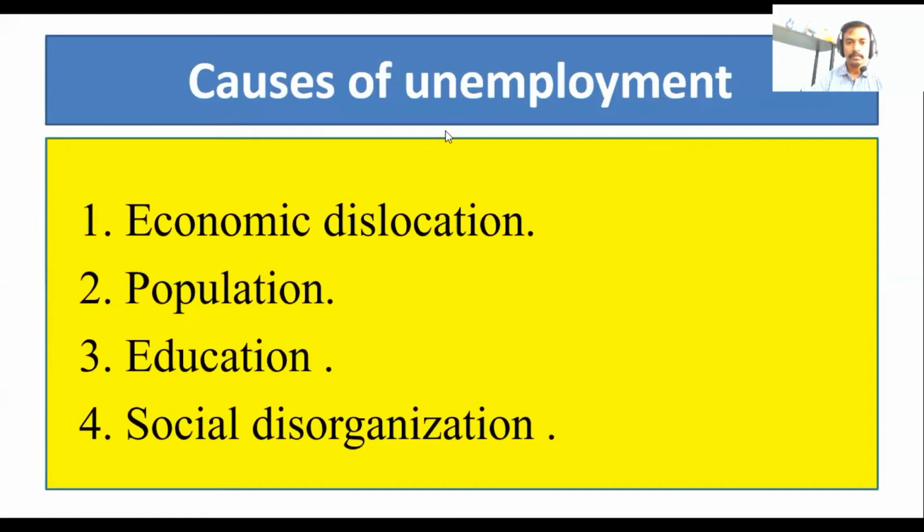Next, causes of unemployment. First cause, economic dislocation, which means economic activities are dislocated, abnormally or imbalancedly arranged. Then overpopulation: the government struggles to formulate economic and employment programs.